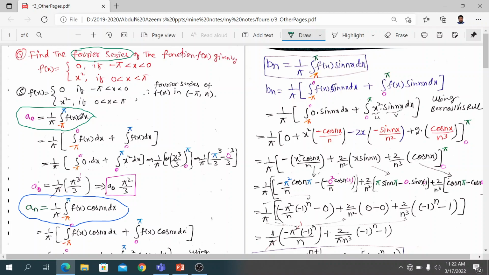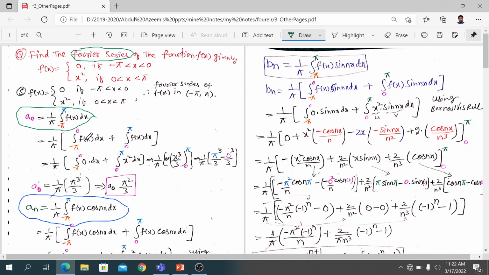But since it is discontinuous, we will write 1 by pi outside as it is, integration first minus pi to 0 f of x dx plus 0 to pi f of x dx. Minus pi to pi means minus pi to 0, 0 to pi.